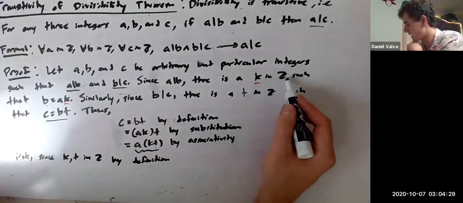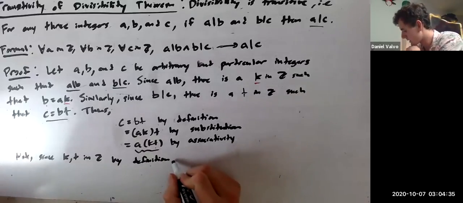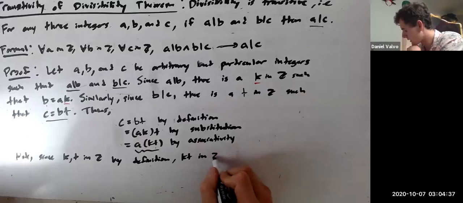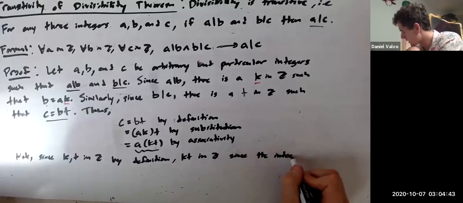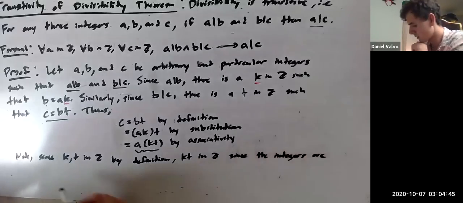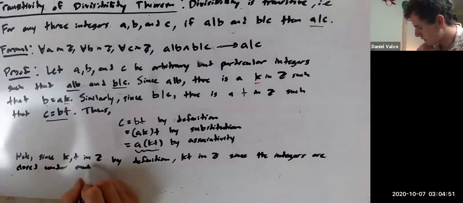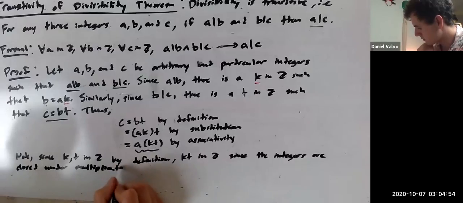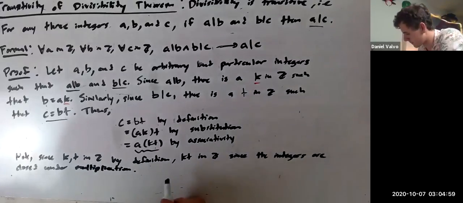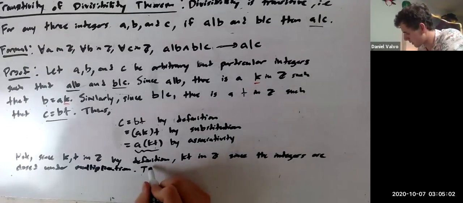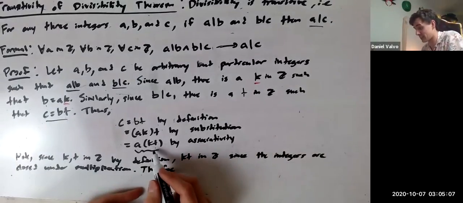Because when we defined k, we said it's in Z. When we defined t, we said it's in Z. Since k and t are in Z by definition, kt is in Z since the integers are closed under multiplication. And that's one of those things we're allowed to assume. Therefore, kt, this thing multiplied by a, is in fact an integer.